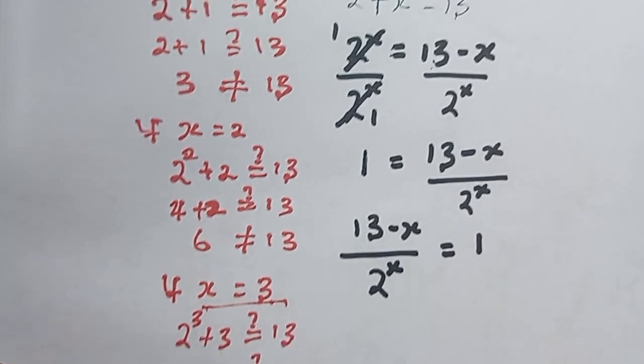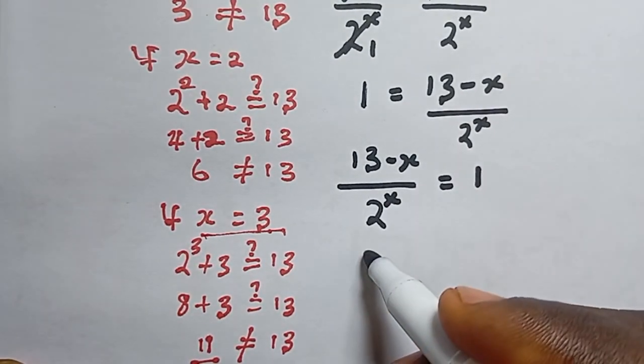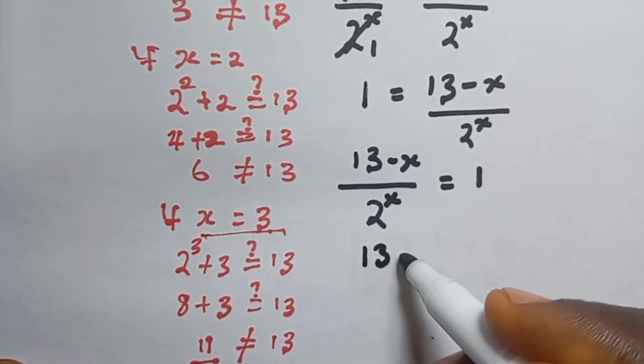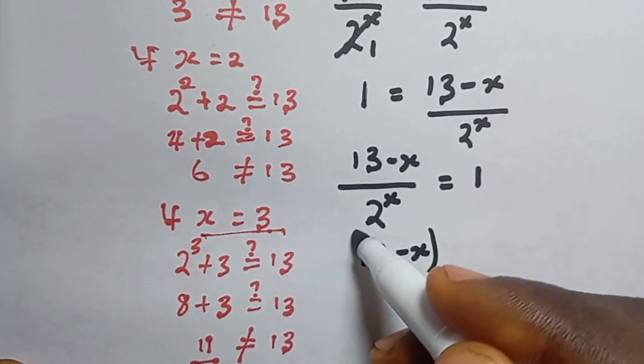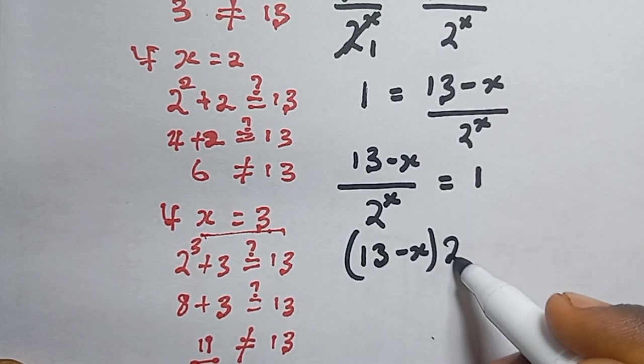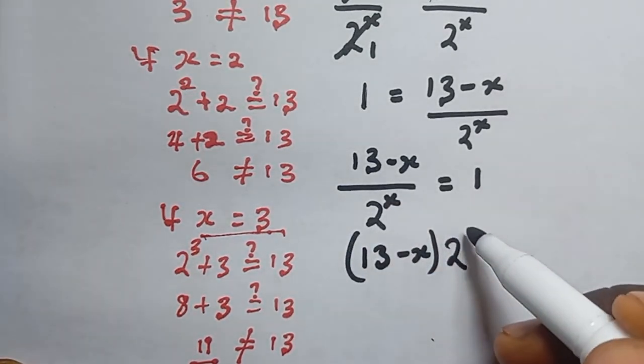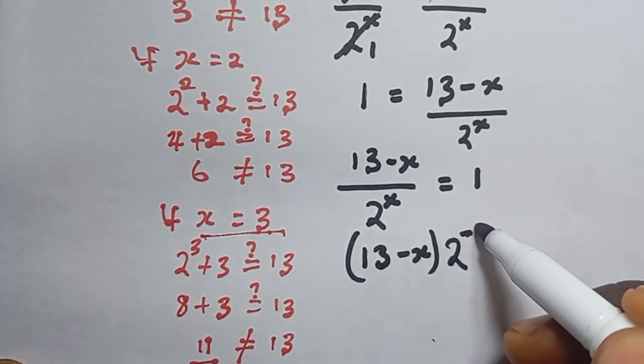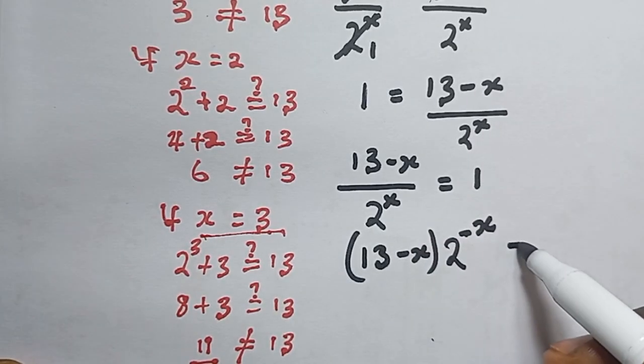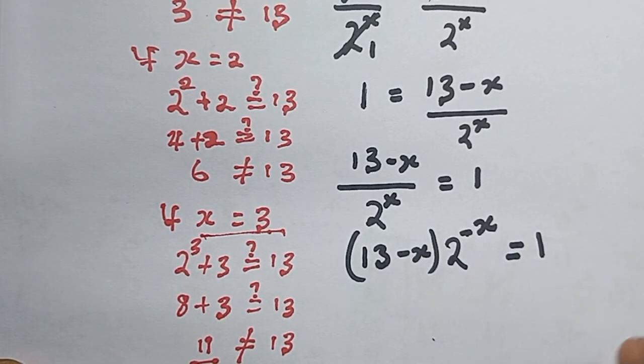So what I'm going to do is to rewrite this stuff I have here as 13 minus x and then multiply by 2. So when I now bring this one up, I'm going to be writing this as 2 power minus x, and this is equal to 1.